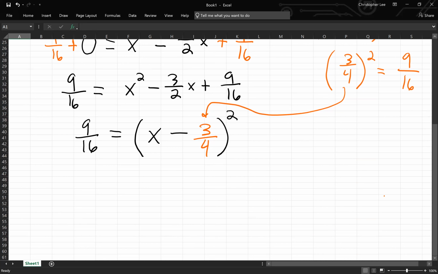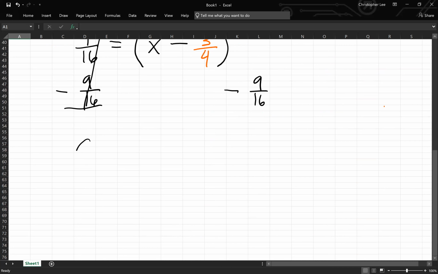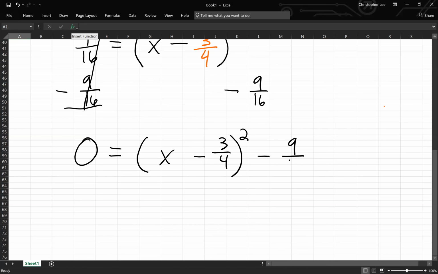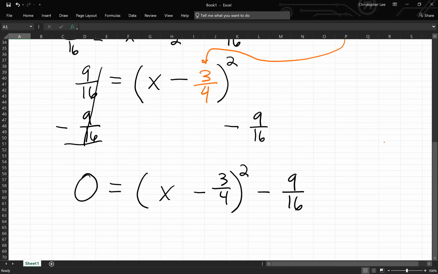So I'm gonna subtract 9/16 here, and what I do to one side, I'm gonna do to the other, 9/16 here. So now what do I have? I have 0 is equal to x minus 3/4 squared minus 9/16.